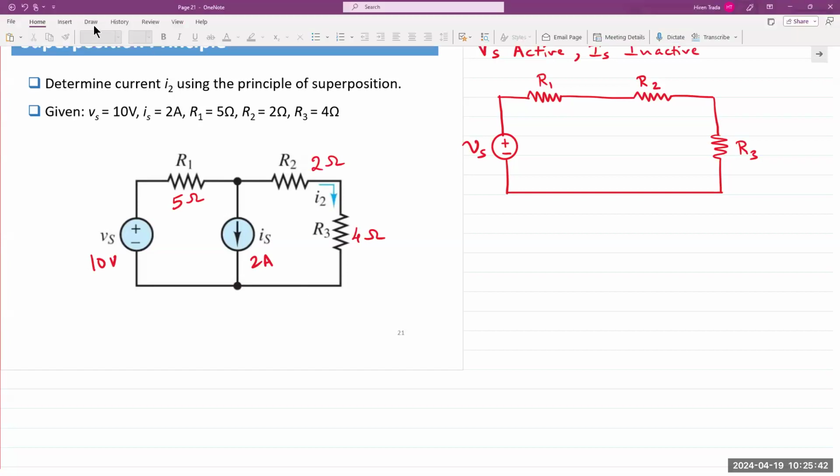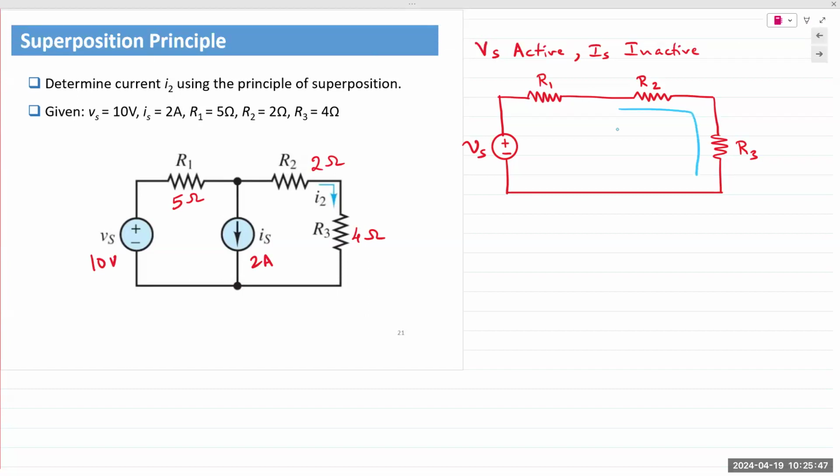And then I will note the current I2, but this is the current I2 that is flowing solely due to Vs. You can label it anything you want, but for simplicity's sake, I'm going to just call it I2Vs. You could call it IX, it doesn't really matter, as long as you specify and note it down on your circuit diagram. That is all the explanation I would require.